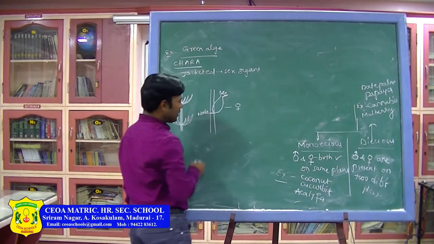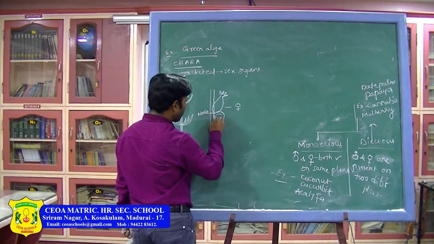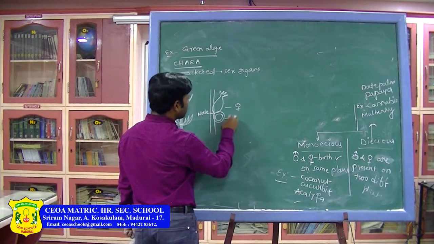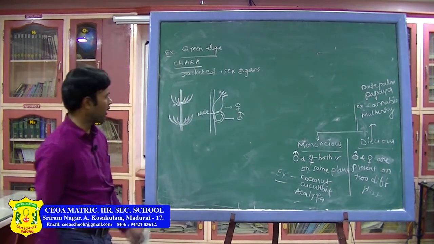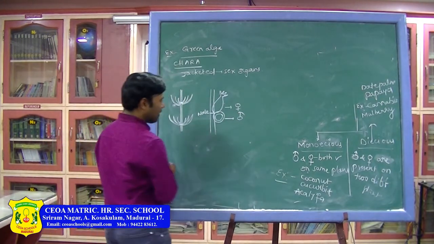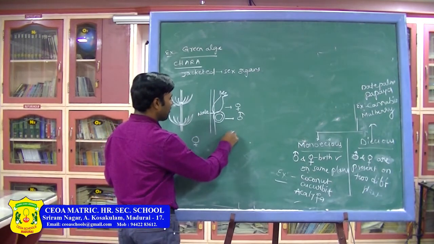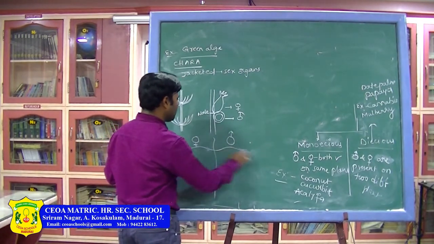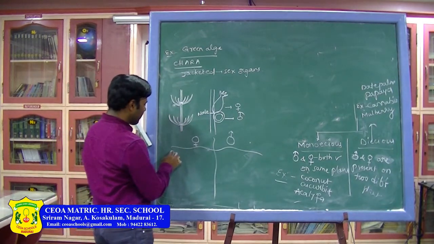The female reproductive part is present. Under the female reproductive part, what is present? The male reproductive part is present. Now let us see what the female and male reproductive parts consist of. So, where is it present?